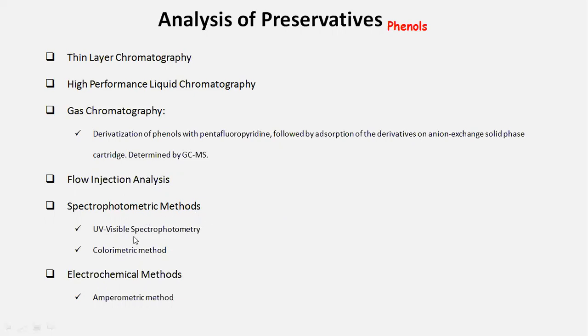Spectrophotometric methods, UV visible spectrophotometry as well as colorimetric methods, can be used for determination of phenols. And coming to electrochemical methods, only the amperometric method is advisable to carry out analysis of phenol preservatives.